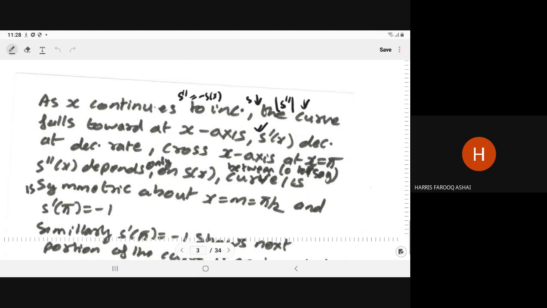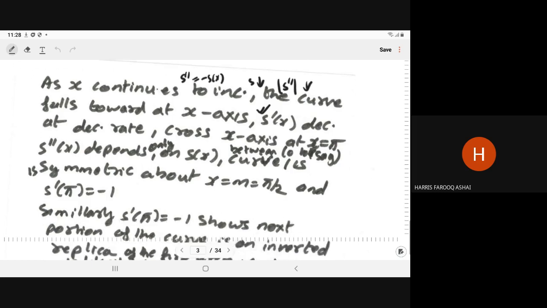S double dash x depends only on the Sx, right? The curve between 0 to pi is symmetric about x is equal to pi by 2, and S pi is equal to -1.